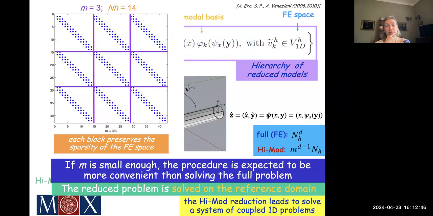For instance, in such a case, this is the matrix associated with a hi-mod approximation characterized by three modes along the transverse direction, while you have 14 degrees of freedom concerning the approximation of the mainstream, in a finite element discretization. Indeed, you recognize the standard tridiagonal sparsity pattern characterizing such a one-dimensional discretization.